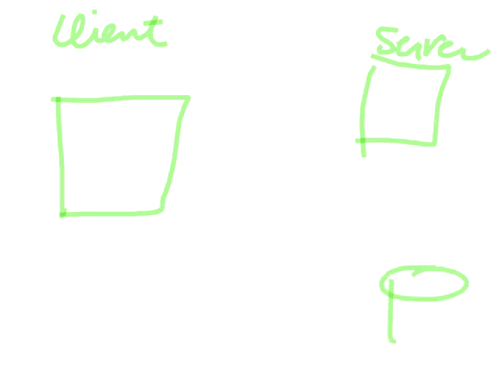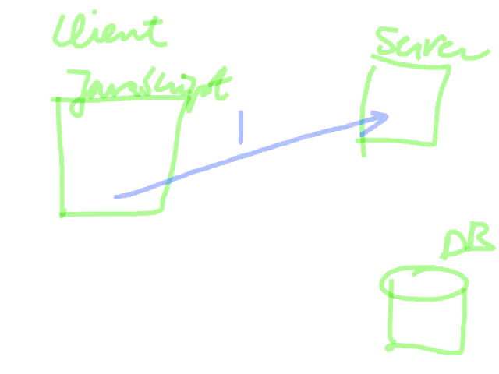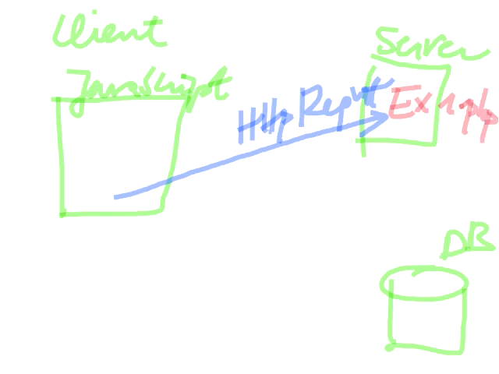Here we have our client, here we have our server, and here we have our database. In the client, we can prepare a JavaScript code, and the JavaScript code can send an HTTP request to the server.